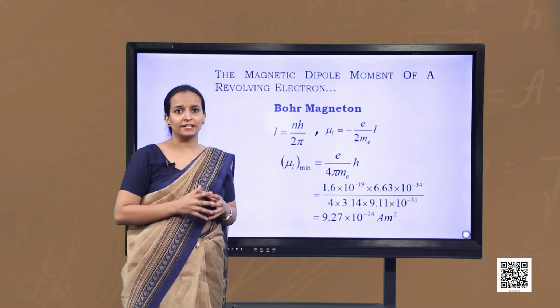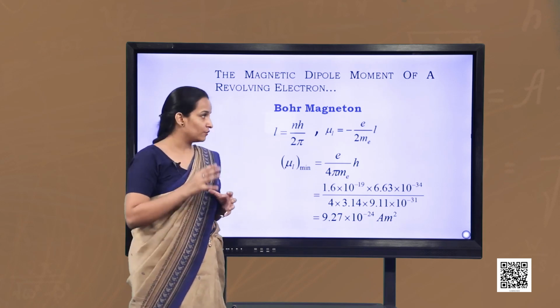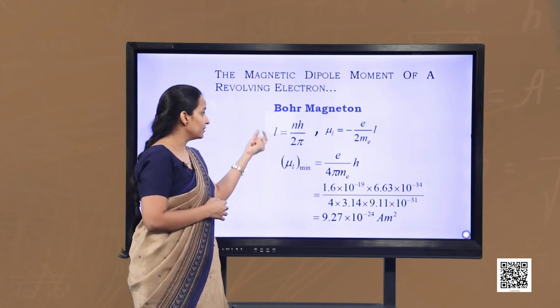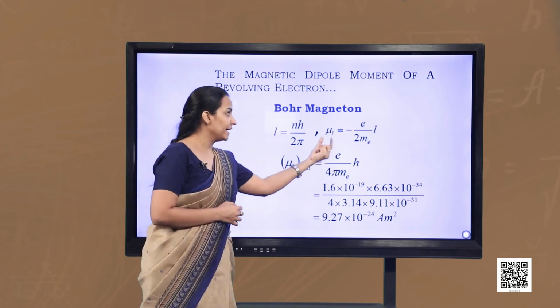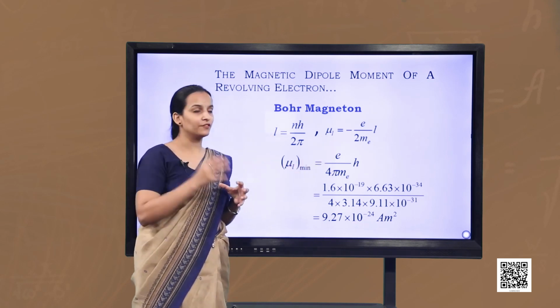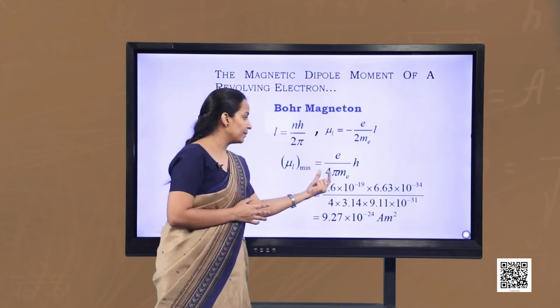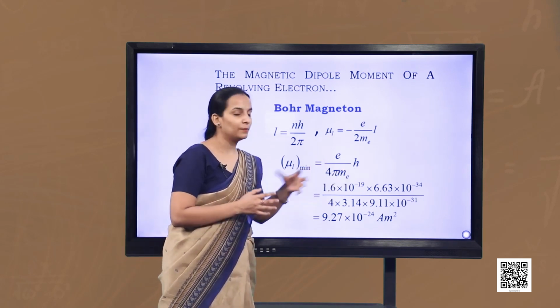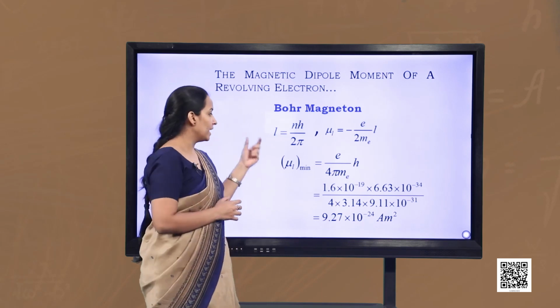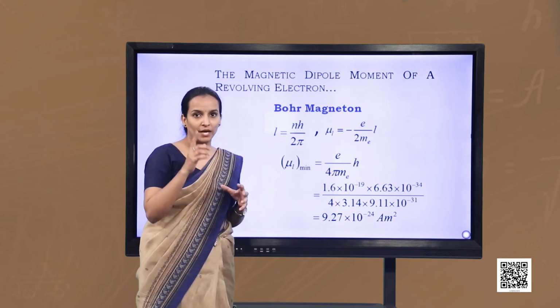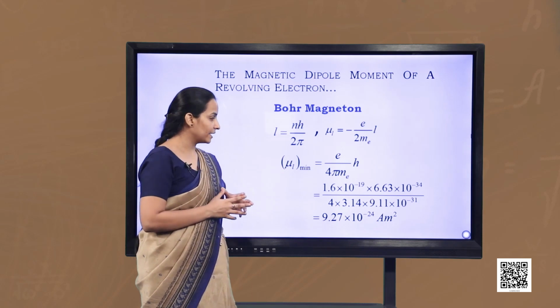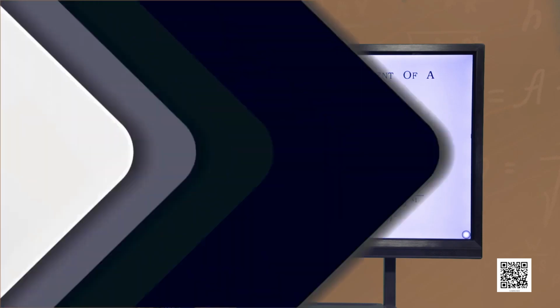We wish to calculate the elementary dipole moment. For that, we will substitute the expression of L in the expression of magnetic moment for a revolving electron, and after that we will get e divided by 4π me multiplied by h. Here we have taken n equals 1, that is why we are writing here μL minimum.